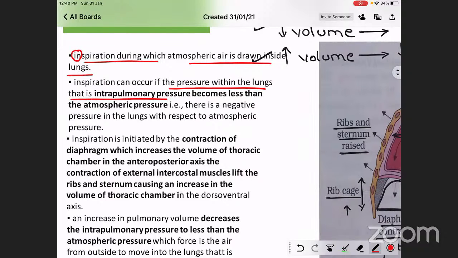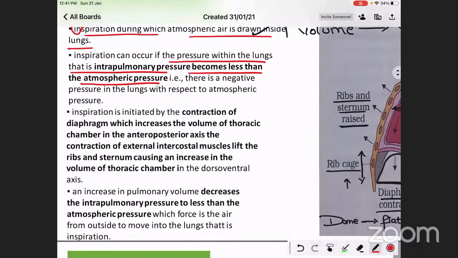We know the term we use for the lungs is pulmonary. So the pressure inside the lung is called the intrapulmonary pressure. When this condition happens, there is the generation of negative pressure, meaning the air will move from the positive, the atmosphere, towards the negative, where there is less.